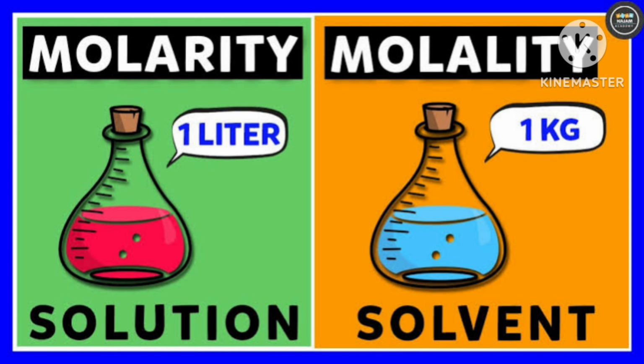The number of moles per liter is called molarity, capital M. In a simple way you can write: number of moles of solute divided by volume of solution in liter. That's enough. That is called molarity.